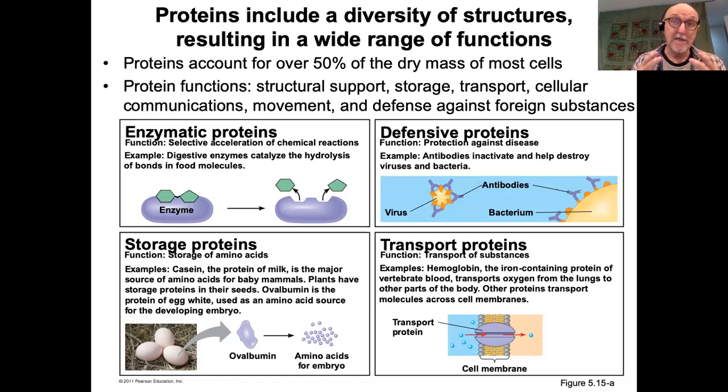Instead, all of our metabolic processes are governed by enzymes which speed up those reactions and make them happen at an efficient rate. So there's a huge class of proteins which are enzymes. Most of our enzymes, 99.9% of our enzymes, are proteins. There's one exception, which we might mention later on.